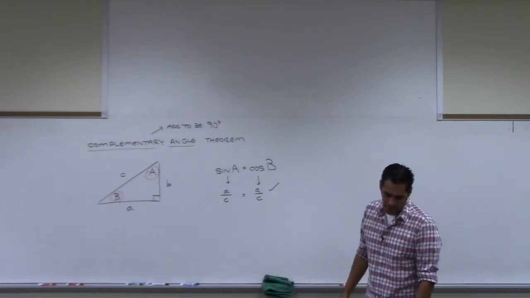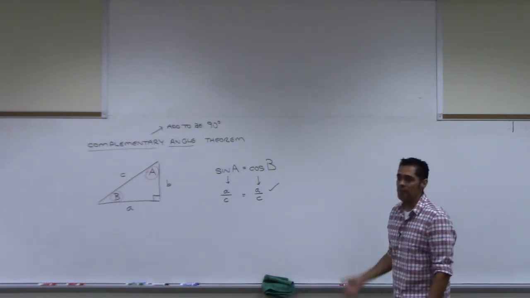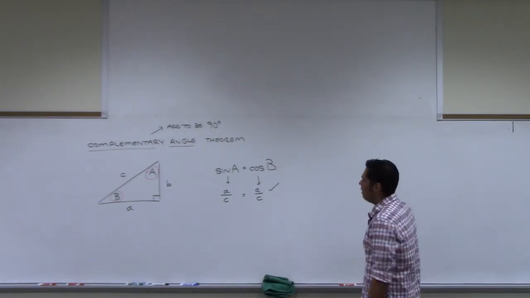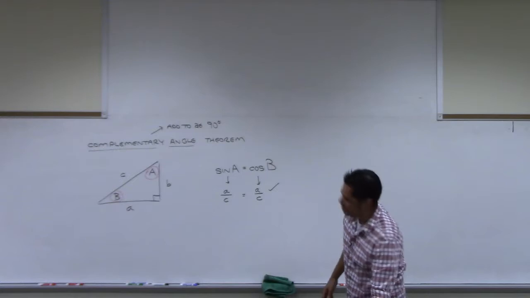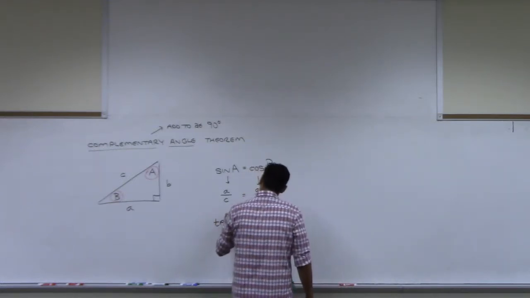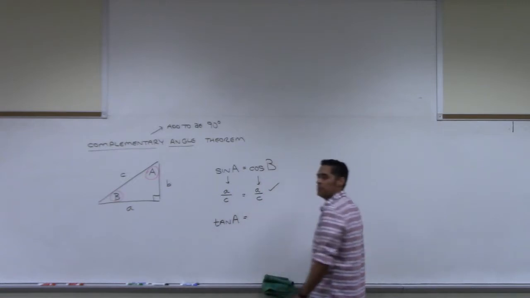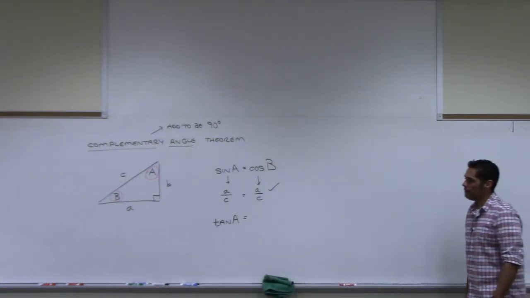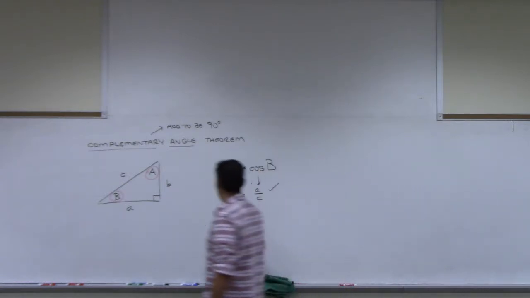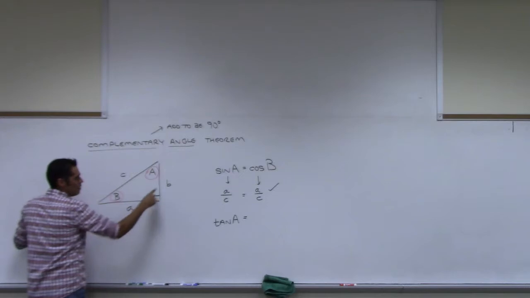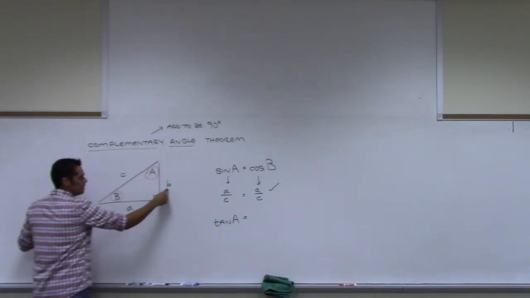You can imagine that all of them work out this way, and there's a table on page 525. I'll just point out the most important ones. How about tangent of A? What do you think its relationship is with capital B? Tangent of A would be little a over b.